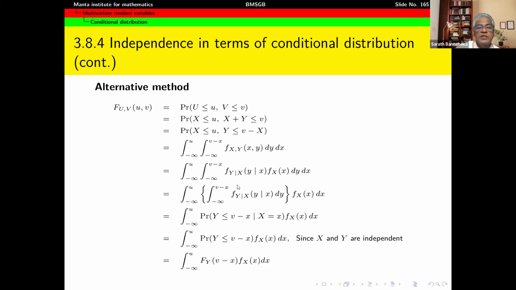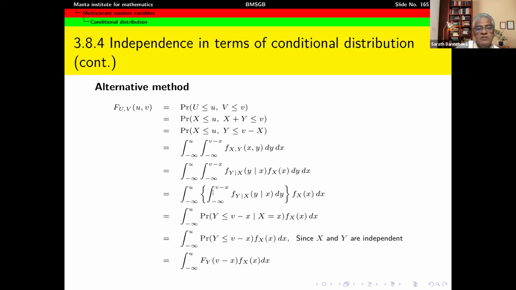Because here we are integrating this function with respect to y for a given, fixed x. As far as this integration is concerned, x is fixed. The variable is y. Therefore, we can separate that out, do it, then multiply and do the whole integration after that.